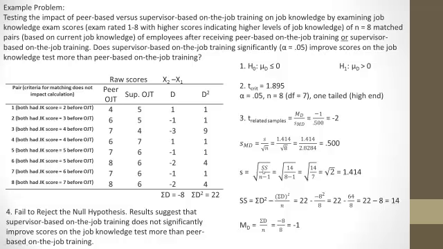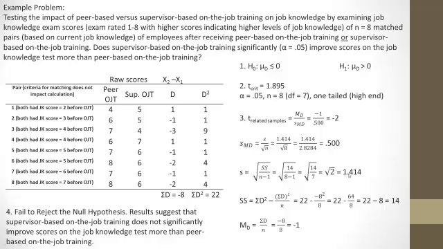Plug that 14 in for your sum of squares in your standard deviation formula. Do all that math, and you end up with 1.414. So the standard or average spread of the difference scores is about 1.414, which makes sense if you look at the spread in these scores from negative 1. Remember, it's the spread in difference scores from the mean difference.